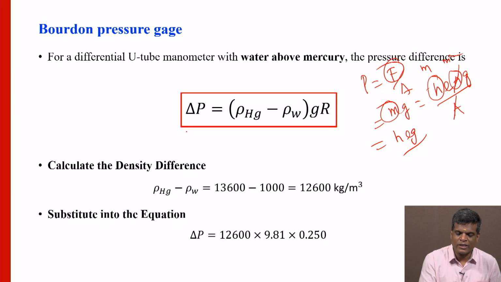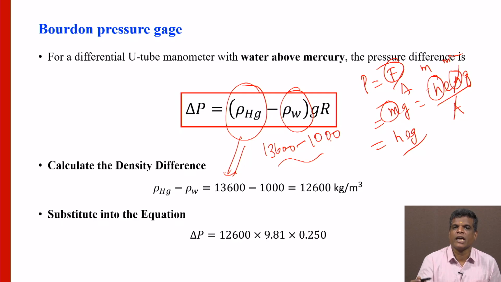So here the pressure drop depends on the density of mercury and the density of water. The density of mercury we already calculated is 13,600, and water is always close to 1000, in kg per meter cube, which are SI units.